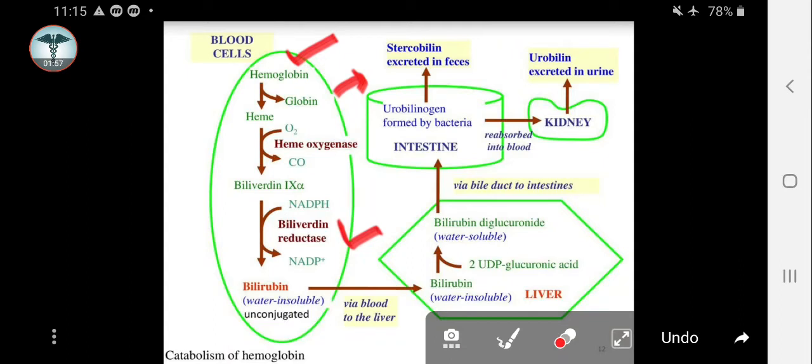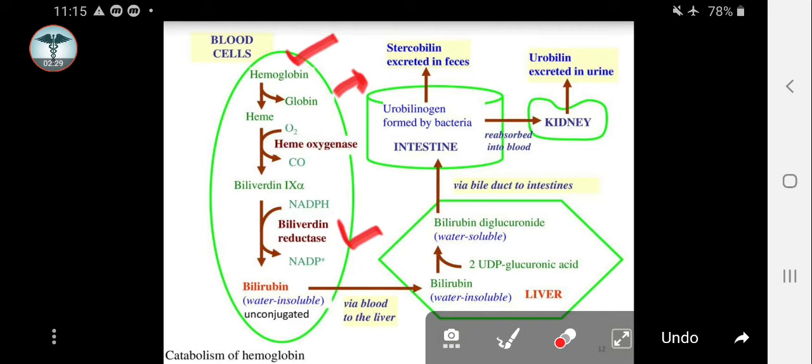This form of bilirubin which is produced is called unconjugated bilirubin. It is also called indirect bilirubin, or water insoluble, as it is not soluble in water. Now this bilirubin comes out from the macrophages into the plasma and is temporarily conjugated with, or we can say bound with, the serum protein called albumin.